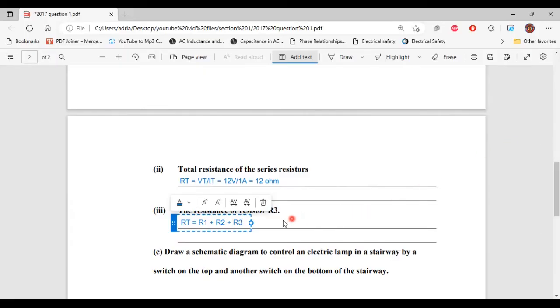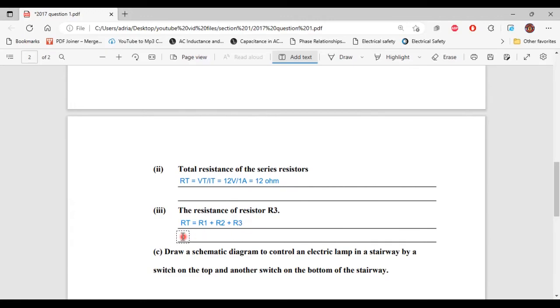Based on this formula, we calculated RT, and we were given R1, and we were also given R2, but we don't have R3. So we will now have to rearrange this formula to make R3 the subject so that we can calculate the resistor value for R3.